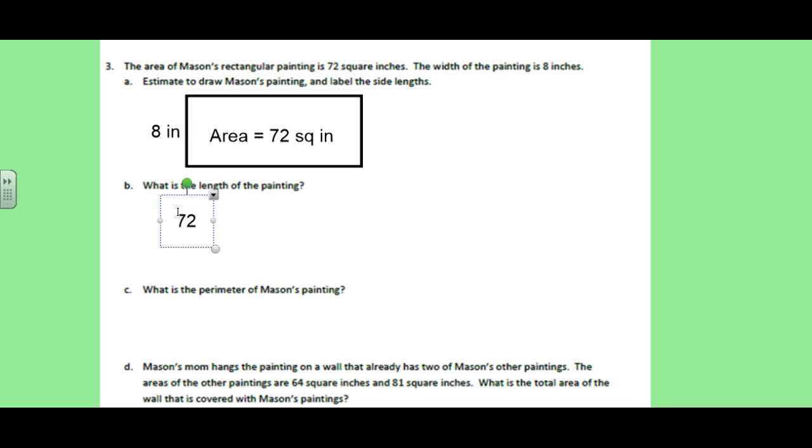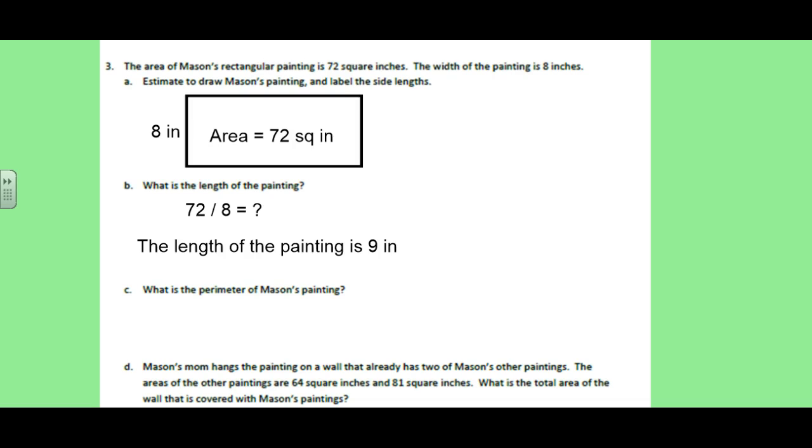So for B here, we're going to put 72 divided by 8 is equal to question mark. Now I want you to figure out what 72 divided by 8 is. Once you have that answer and have answered this question in a complete sentence, you may push play. So I know that 72 divided by 8 is 9. So the length of the painting is 9 inches.